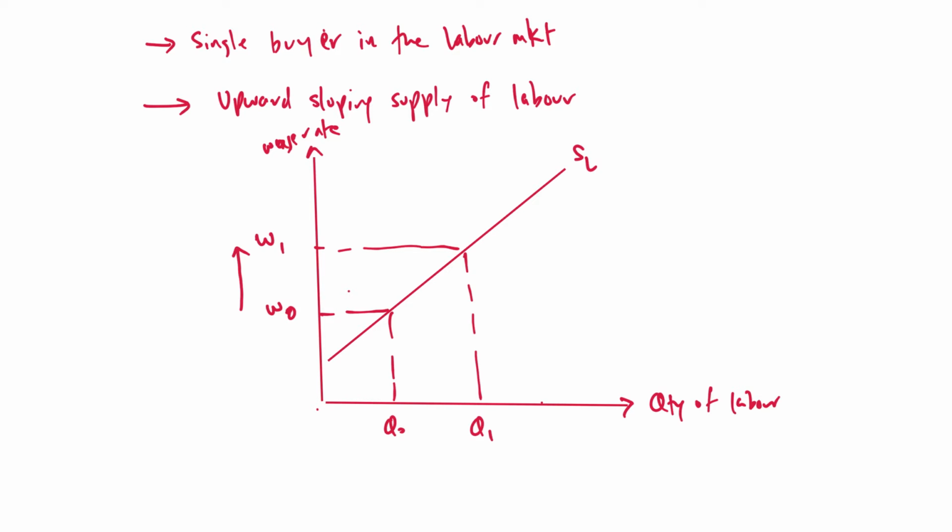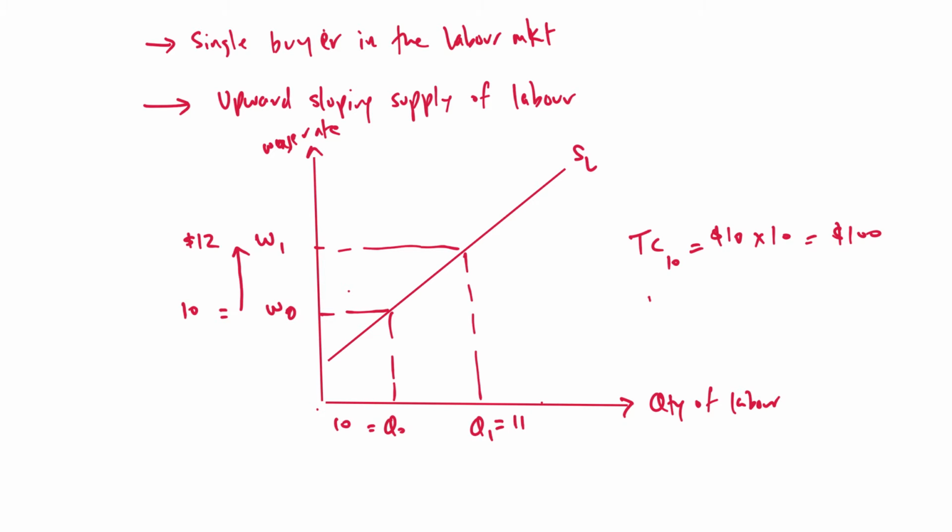Why does this matter when your supply curve is upward sloping? Let's say previously you were paying $10 and you had only 10 workers working for you. Now if you want the 11th guy to work for you, you've got to pay them more. Let's say you pay them $12. If I ask you what's your total cost of hiring 10 workers, you'll say it's $10 times 10, which is $100.